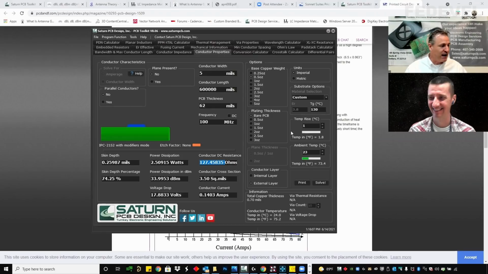So that's pretty accurate. And I talked to a customer a couple days ago who said, hey, I've used your toolkit and I just used it for a voltage drop, and it was right on the money. Well, for voltage drop of the trace to be right on the money, that means not only the DC resistance has to be right on the money, but the conductor current had to be right on the money too.